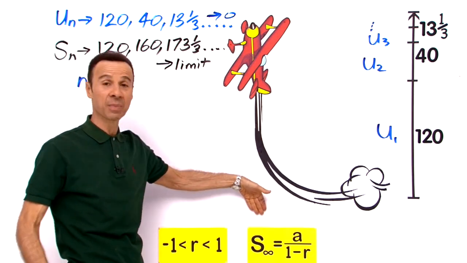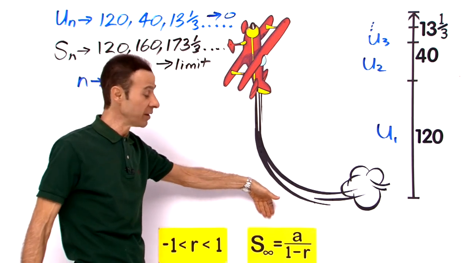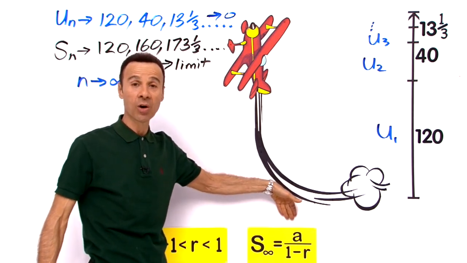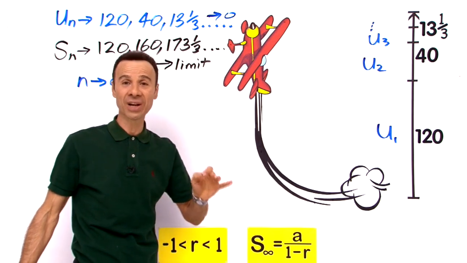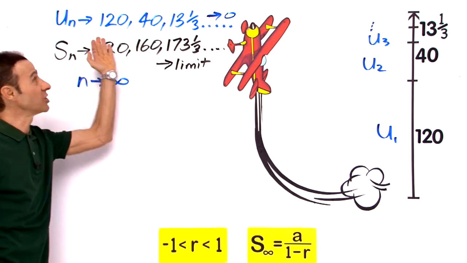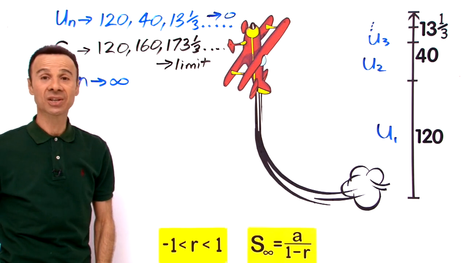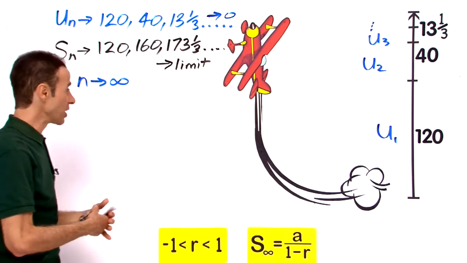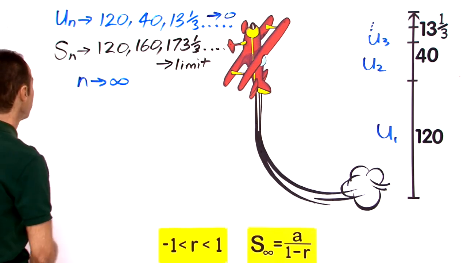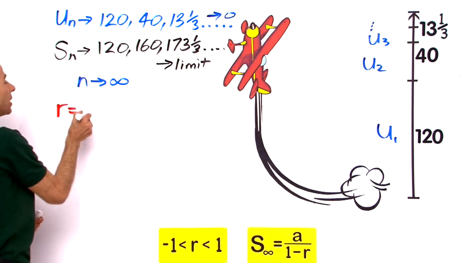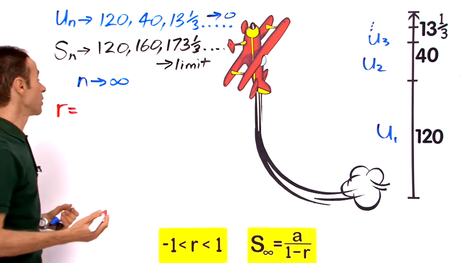And the sum to infinity, many of you have seen this already, sum to infinity equals a, the first term, all over 1 minus r, the common ratio. Now you may notice there is a constant ratio between each successive term. That's the common ratio, and we're going to work that out right now. So r, the common ratio, is the second term divided by the first term.